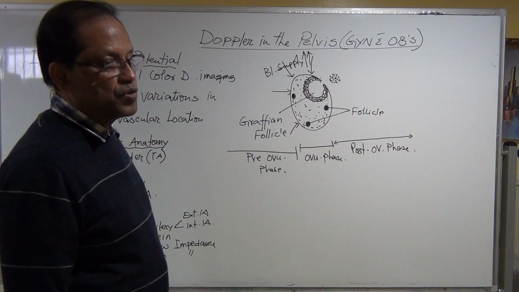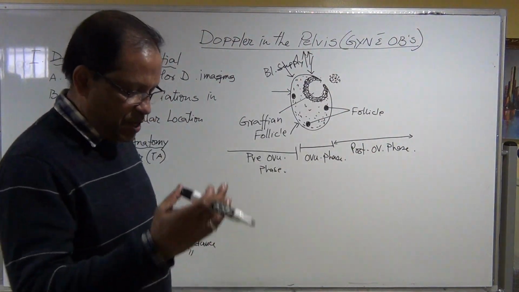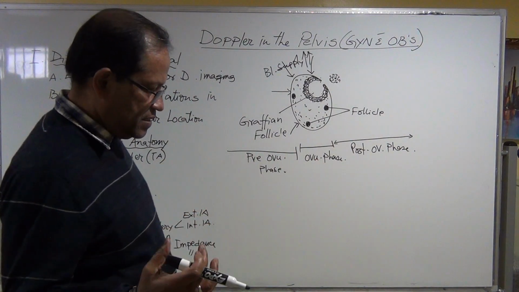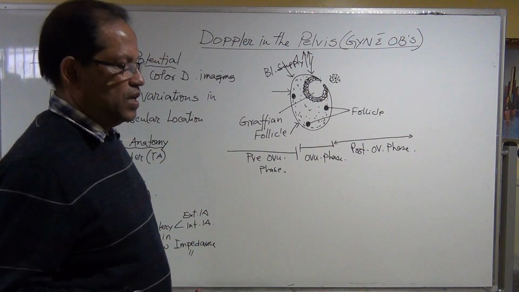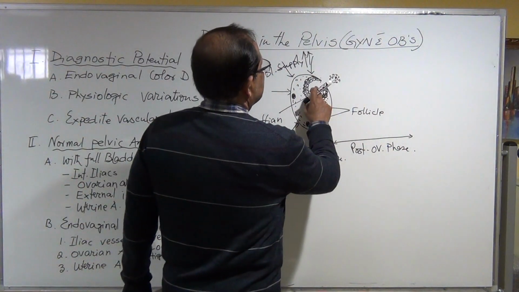The cells in the corpus luteum are globular in shape, and have a lot of fat inside because they need to produce steroid, that is progesterone, and they need more blood supply.